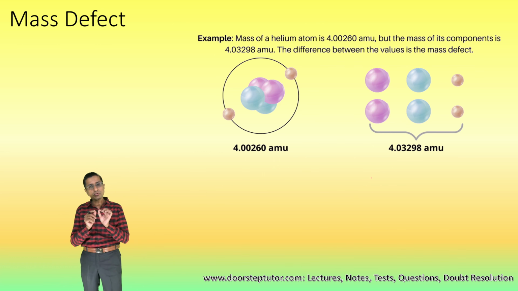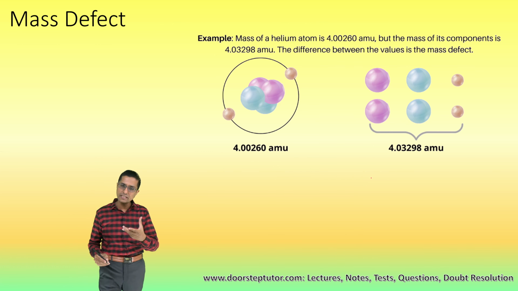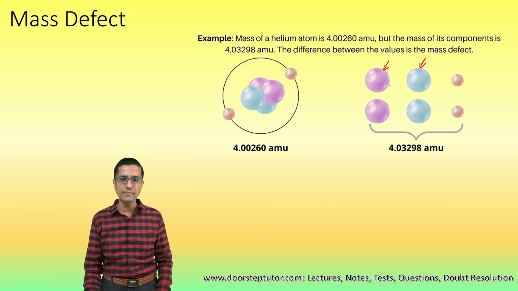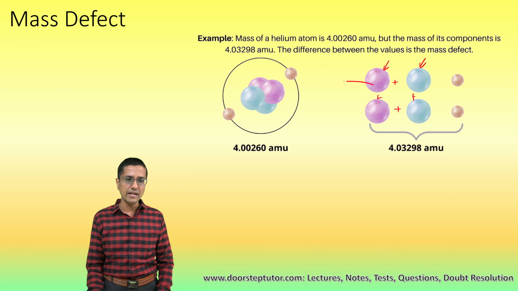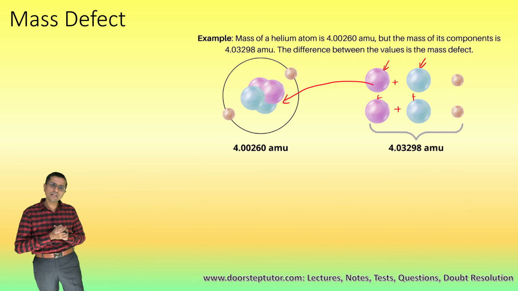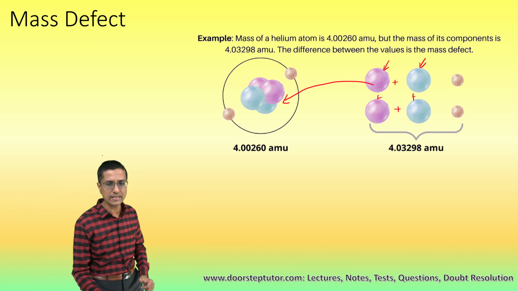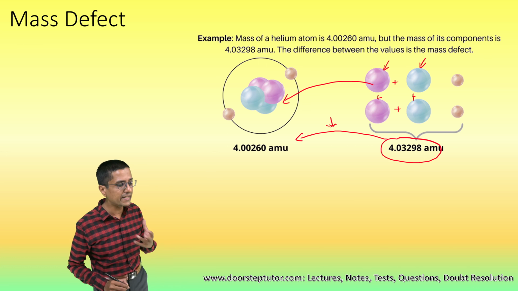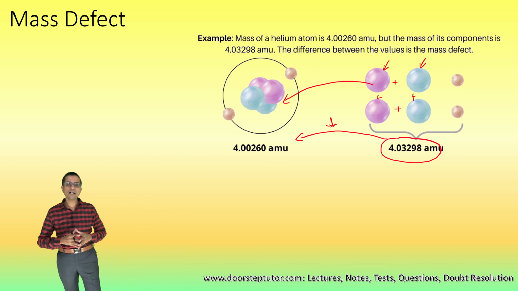This is essentially what it is showing: there are two protons and two neutrons inside the helium, and they come together inside the nucleus. When they come together, their net mass actually decreases. This decrease in mass is known as mass defect.